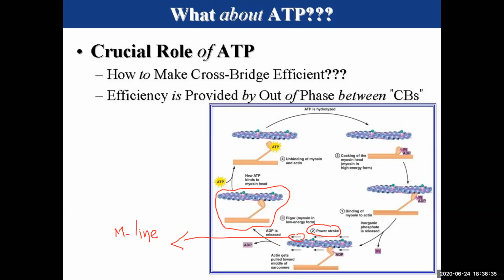The entire time, the thick filament remains stationary. So during cross bridge formation, the thin filament moves toward the M line. The thick filament remains in place. The thick filament does not move.